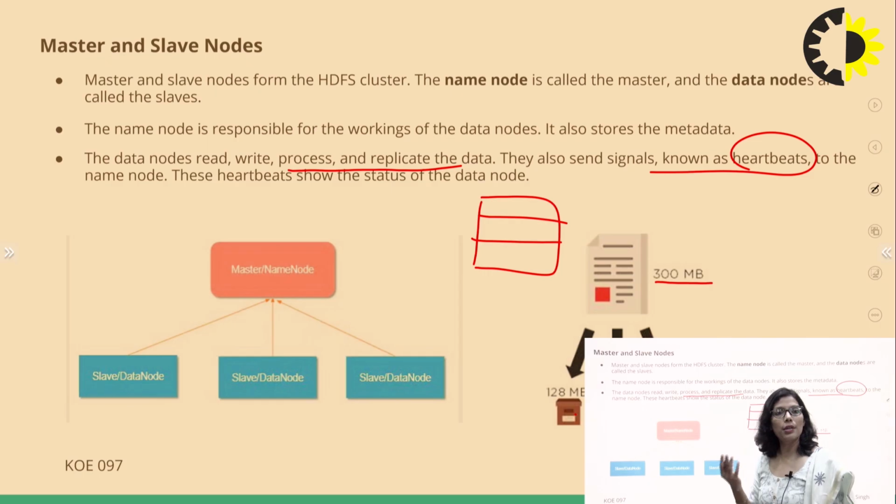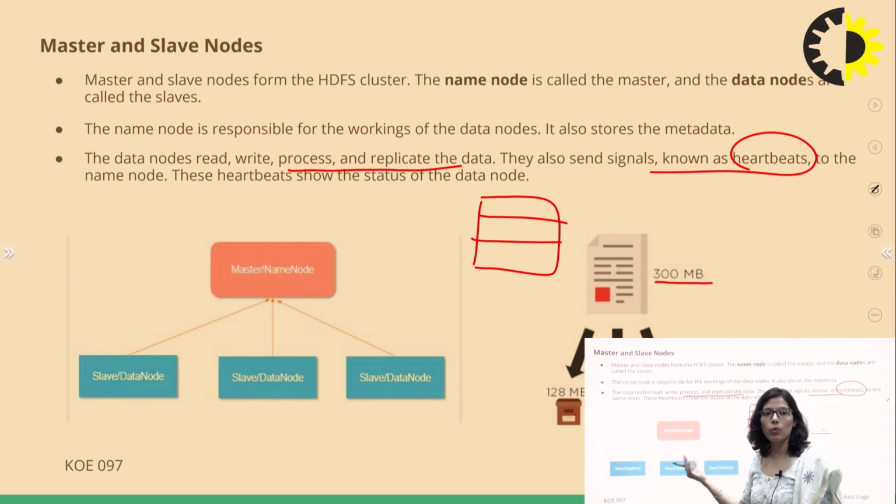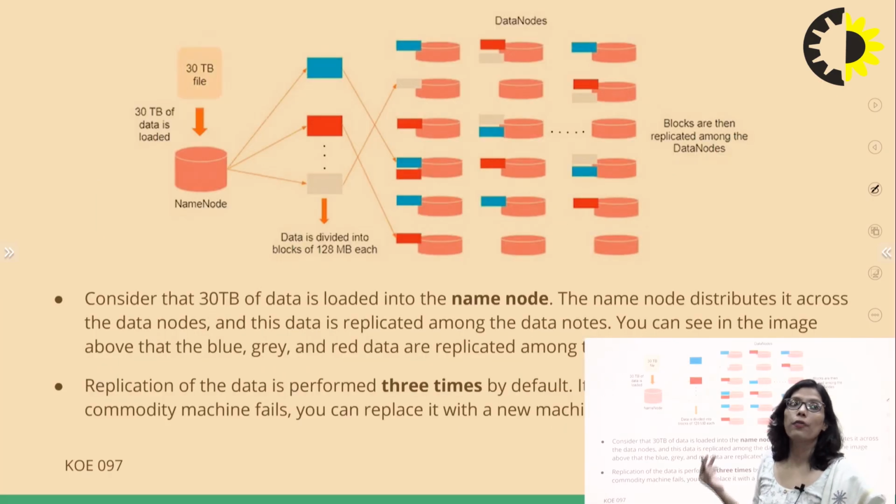Every few minutes, a data node sends a heartbeat to the name node to tell that yes, I am working. If after some regular interval, a data node has gone down and is not able to send the heartbeat to the name node, the name node will automatically come to know that this data node is not functioning properly. That is the functionality of your heartbeat.